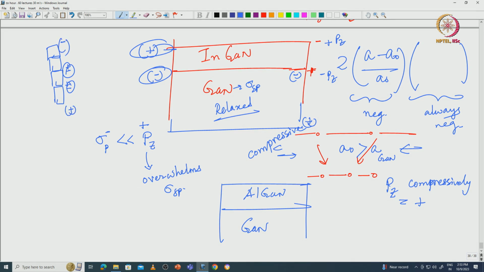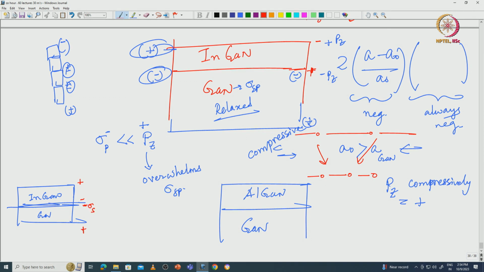Now in the case of an InGaN-GaN structure, the total polarization because of InGaN is positive on the top and negative at the bottom, and because of GaN it is negative at the top and positive at the bottom.